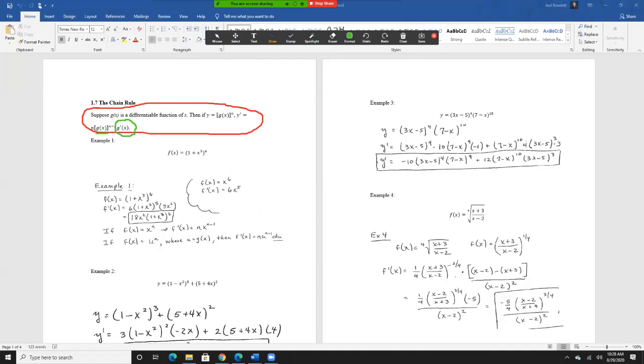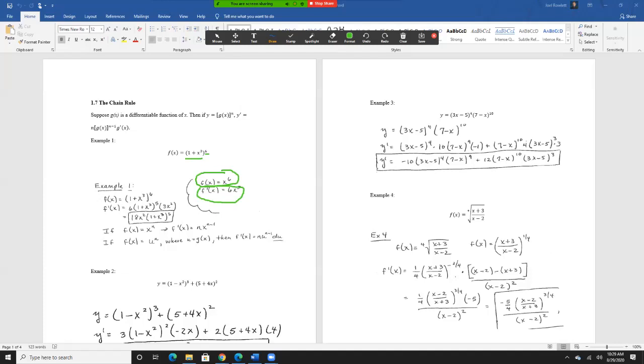So let's look at an example. Example number 1, we have a function raised to a power. Now, if this had simply been x to the power of 6, then the derivative would be 6x to the power of 5, right?